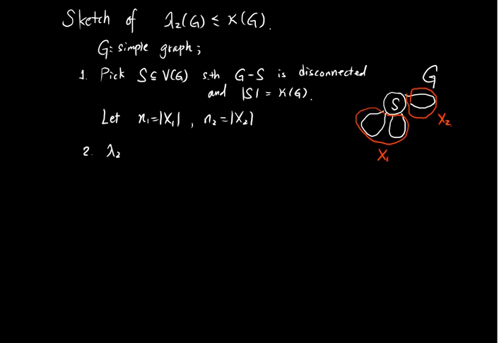It says lambda 2 of G plus an extra edge is going to be greater than or equal to lambda 2 of G. So this is true for any graph. Whatever graph you have, just pick one edge which is not inside yet, then add the edge, and lambda 2 will increase.